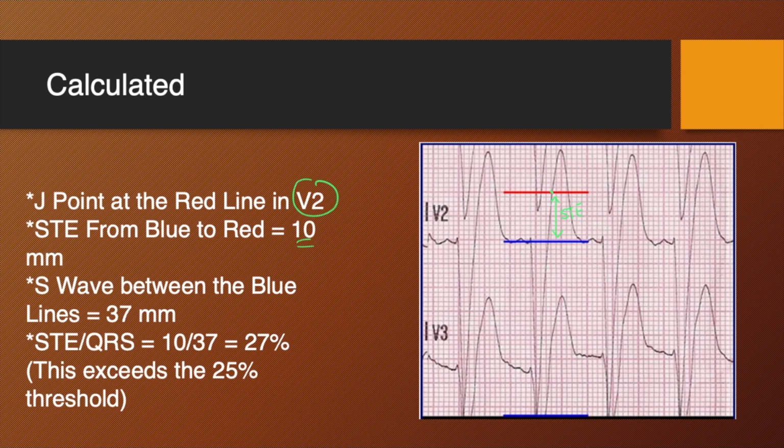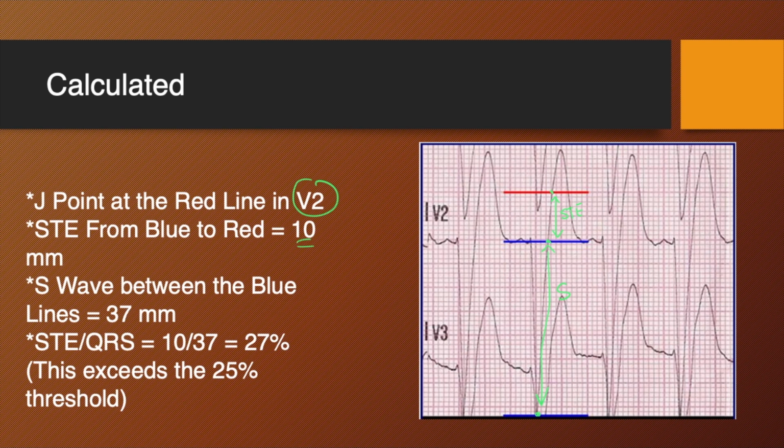Then what I'm going to do is I'm going to look at the S wave, right? So here is the QRS complex pointing downwards, right? And from here to here is the preceding S wave, right? So this is the S wave, and I'm going to count the number of boxes.